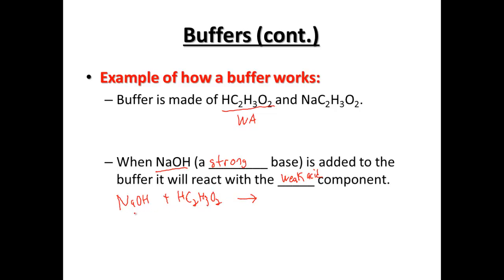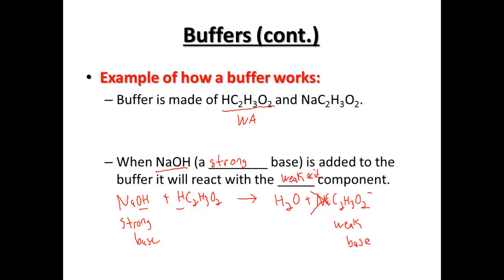And as it reacts, the OH and the H are going to react to form water, and then the rest of our reaction is going to go to completion, and that sodium, a spectator ion, really isn't involved, and we're going to go from having a strong base to a weak conjugate base.